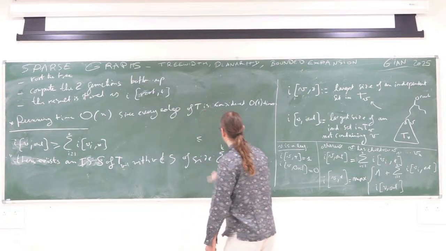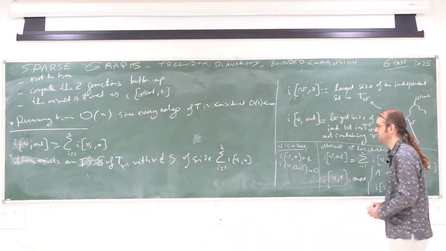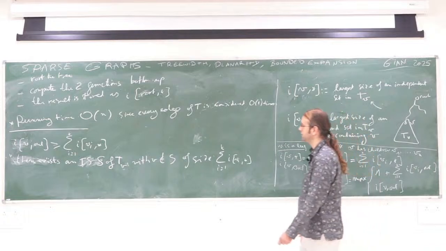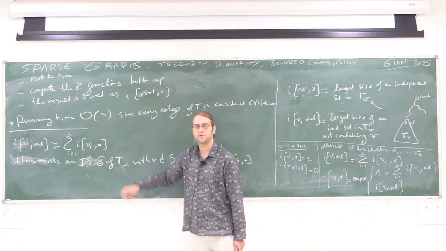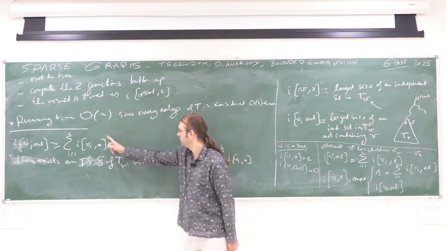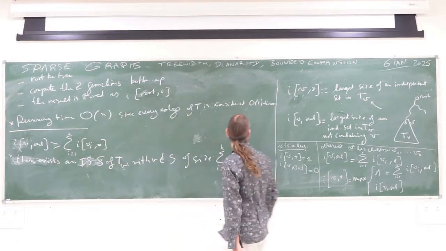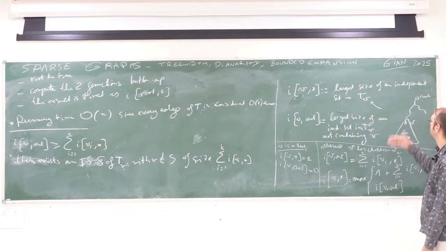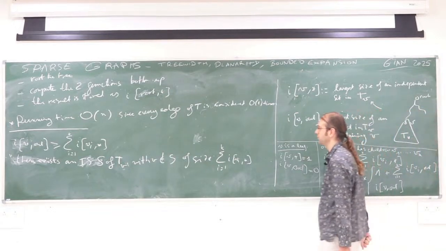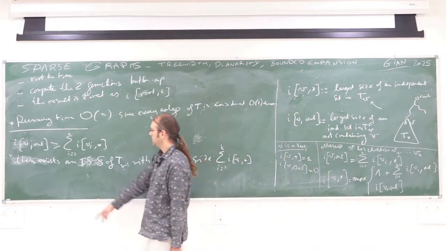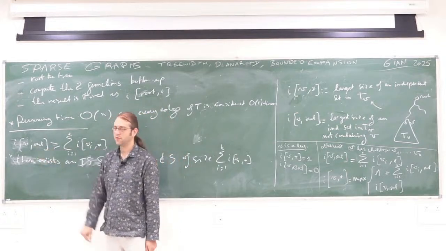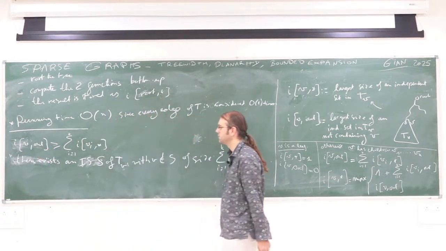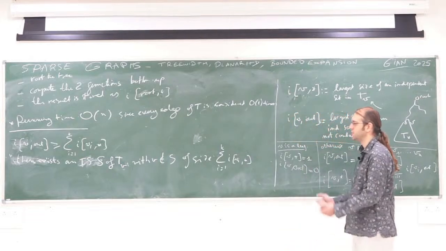Now the proof here is very trivial. By definition, what is this? This is the maximum size of an independent set of the child node, for every child. Since I am requesting that V is not in the set, I don't really care about V, so I can just take the union.